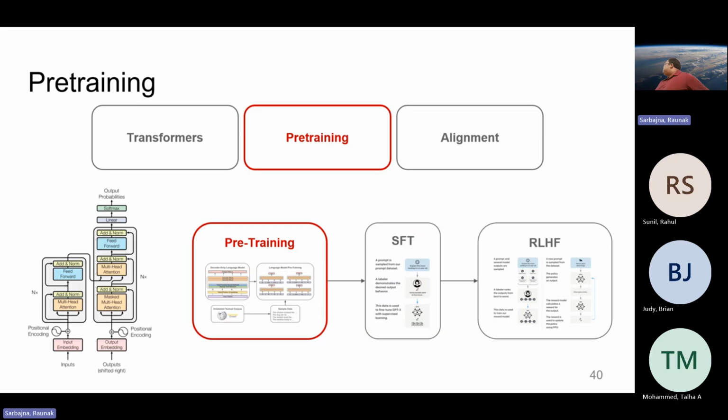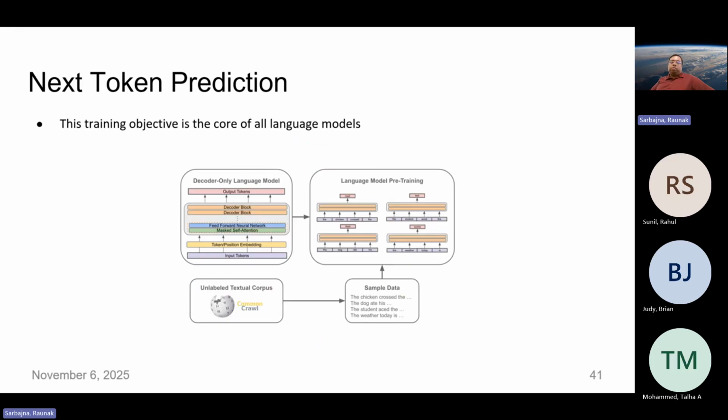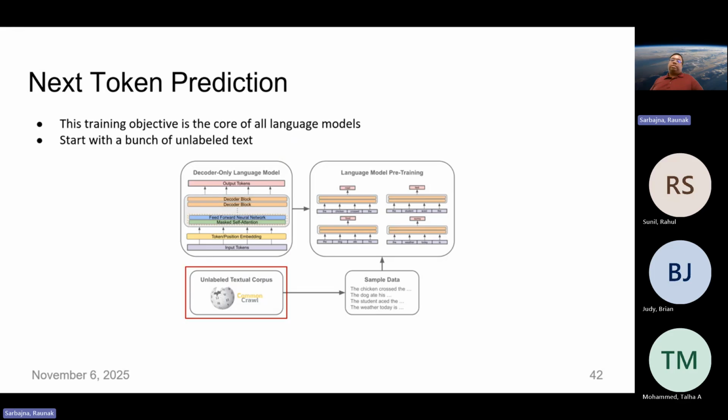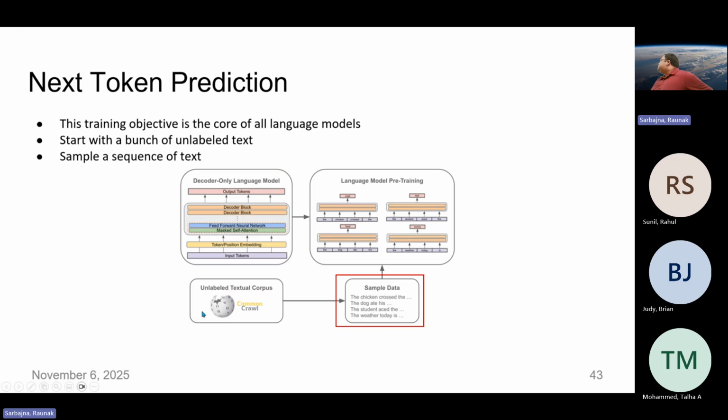This whole section is called the pre-training part. Now, the objective of this neural network, or of all large language models, is to predict the next token, the most accurate next token, a Markov chain essentially. So you start with unlabeled text, like the entire Wikipedia textual corpus.